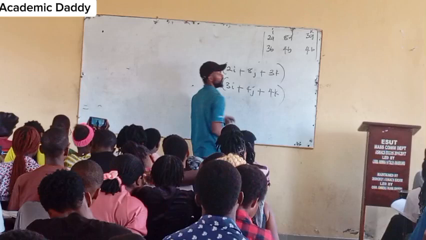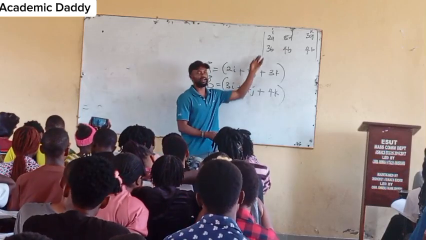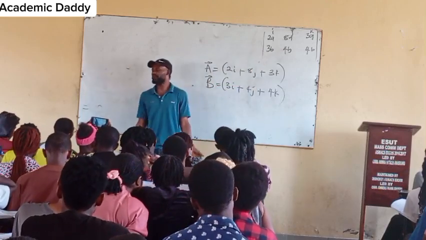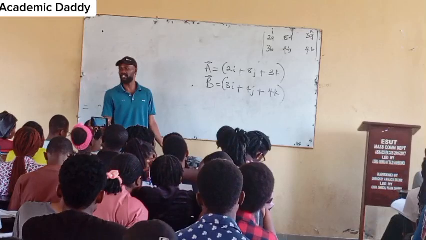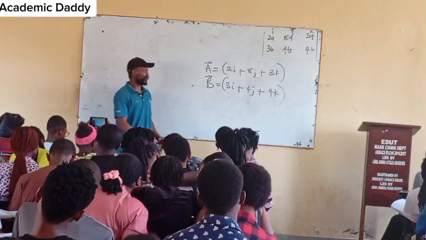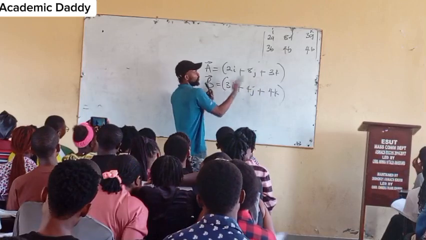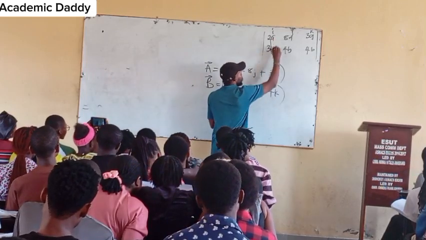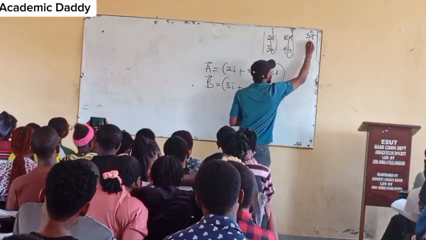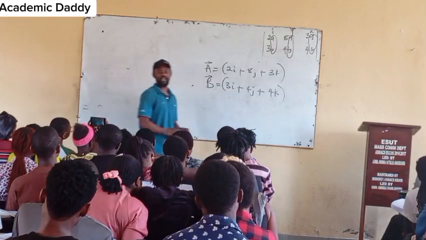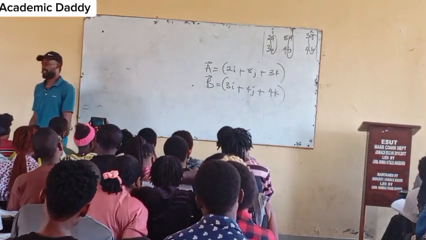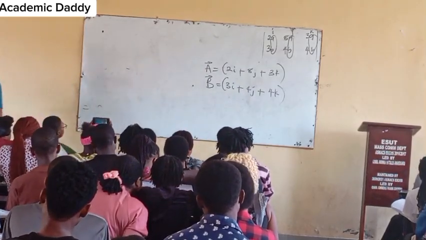But when you see it like this, you might run mad. You start feeling like, which one is this one again? So what is happening is that once I see it, I interpret this to be this way. When I'm solving, I ignore all of this. Very simple.